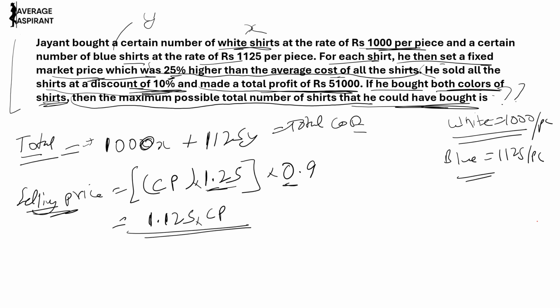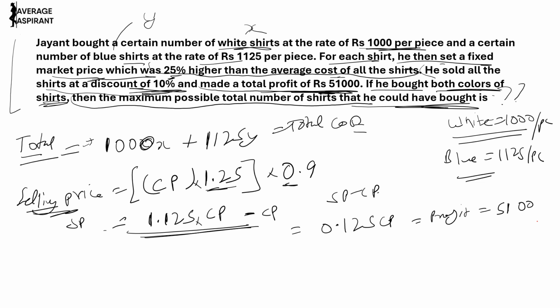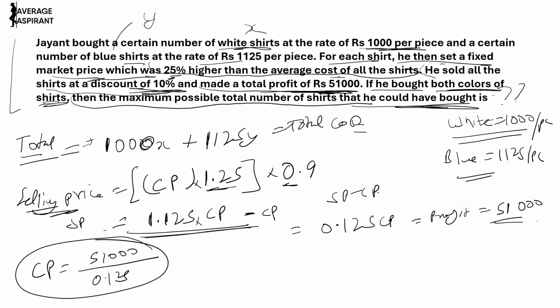And he made a total profit of 51,000. Now, what is profit? This is SP. Profit is SP minus CP. So if this is SP, the profit will be this minus CP, or 0.125 CP, and this is equal to 51,000. So what is your CP? If you divide 51,000 by 0.125, use a calculator here.